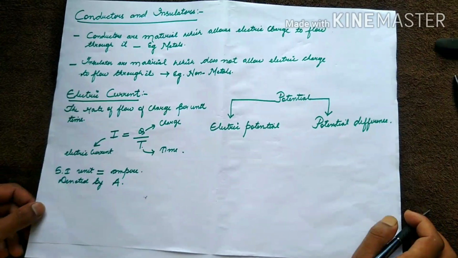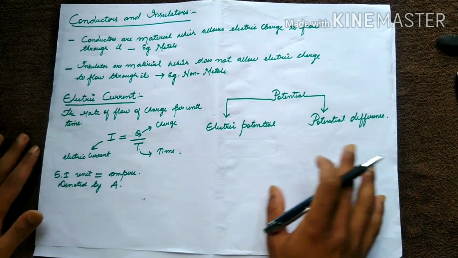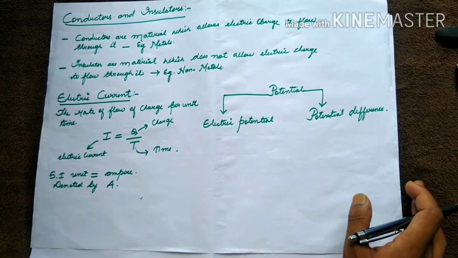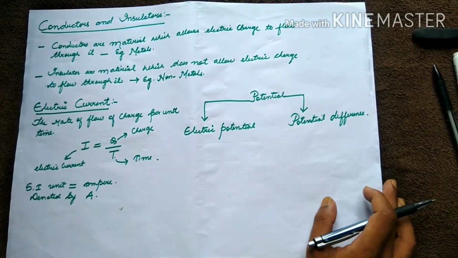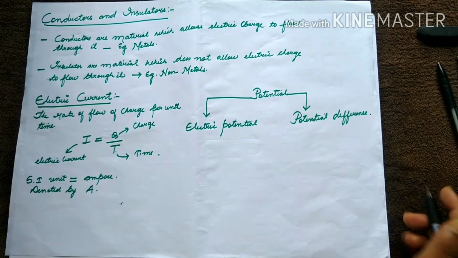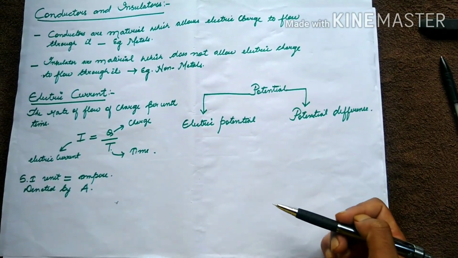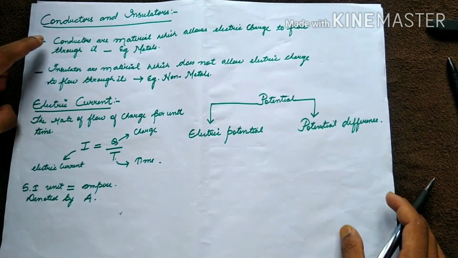All right. Our next topic is about conductor and insulator. A very simple topic, nothing to worry. Conductor means any material which allows electricity to flow through it. Examples: all metals, iron, zinc, aluminium, they allow electricity to flow through them, so they come under the category of conductor.